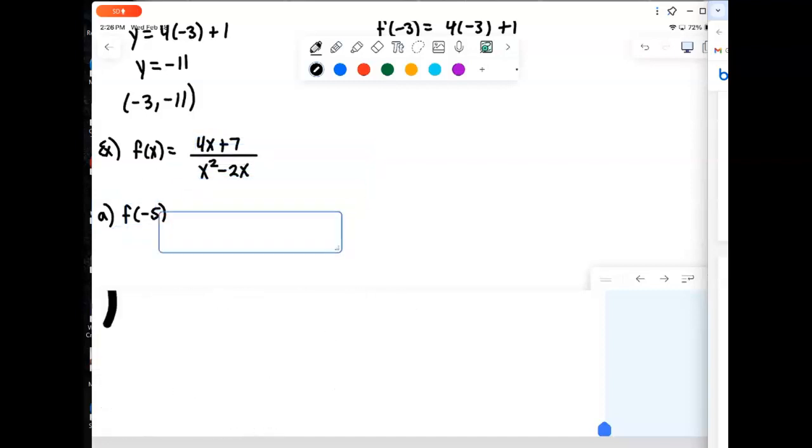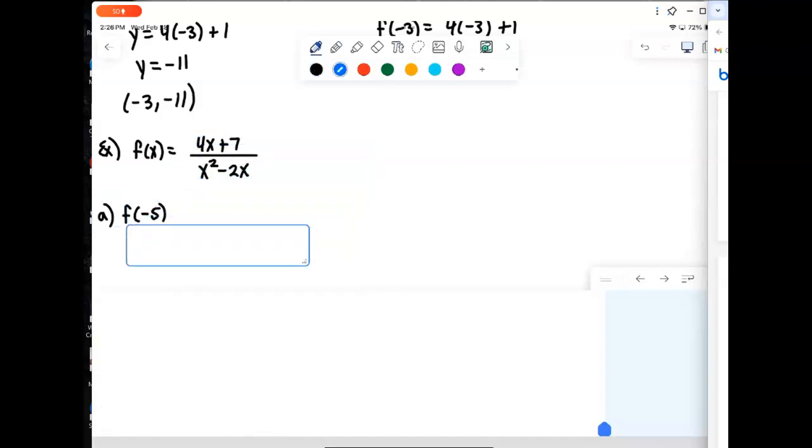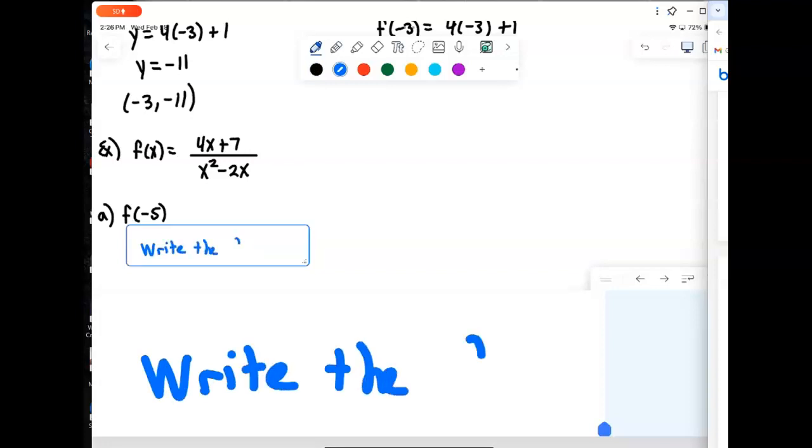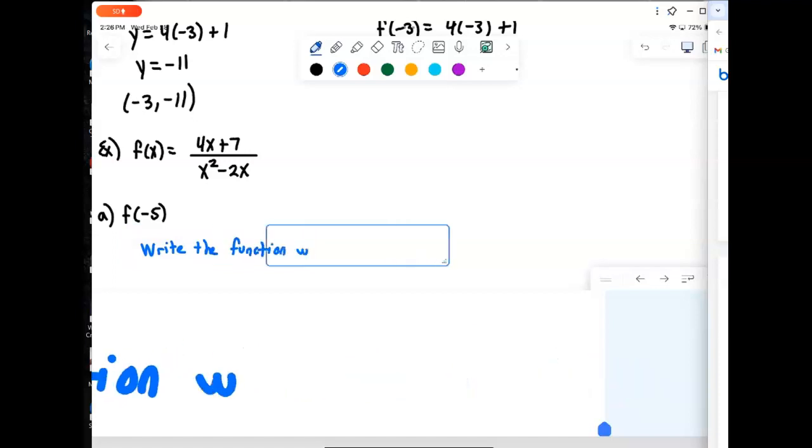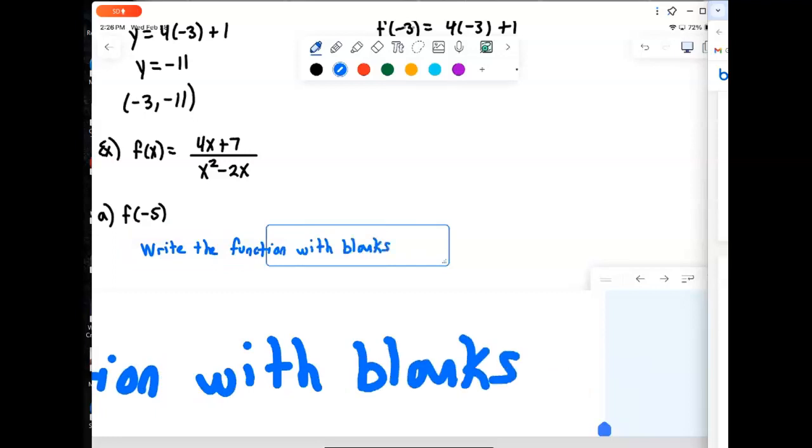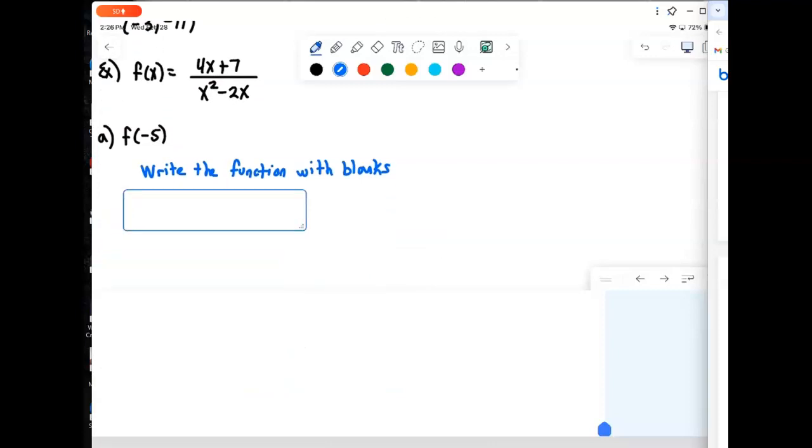So if we want to evaluate a function, then my advice is to do this. Write the function with blanks. I'm just going to write the function with blanks. So I'd write this f of negative 5 as f of blank.